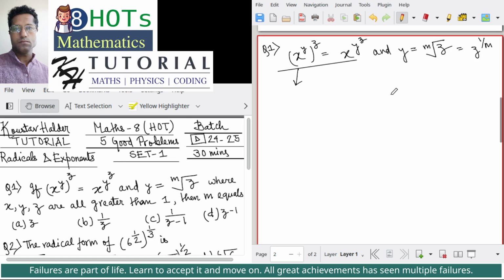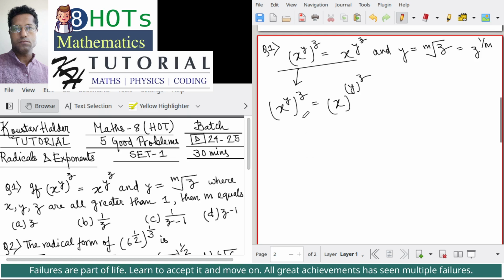In this equation, the base of both the LHS and RHS is x. Now let's see. This is x to the power y, and this whole raised to the power z. And what is the right hand side? The right hand side is x to the power, and the power is y raised to the power z.